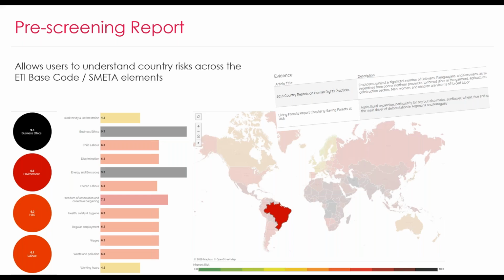We'll be collecting and keeping regularly updated a database of what we call reported evidence: articles, research from NGOs or media that highlight risks in particular countries or to particular types of people within countries. And when you're viewing that particular country, you'll be able to see links to the different articles related to it, to help you further contextualize the risk information or understand a bit better if it might be a specific region within a country where the risks are more prevalent, for example.